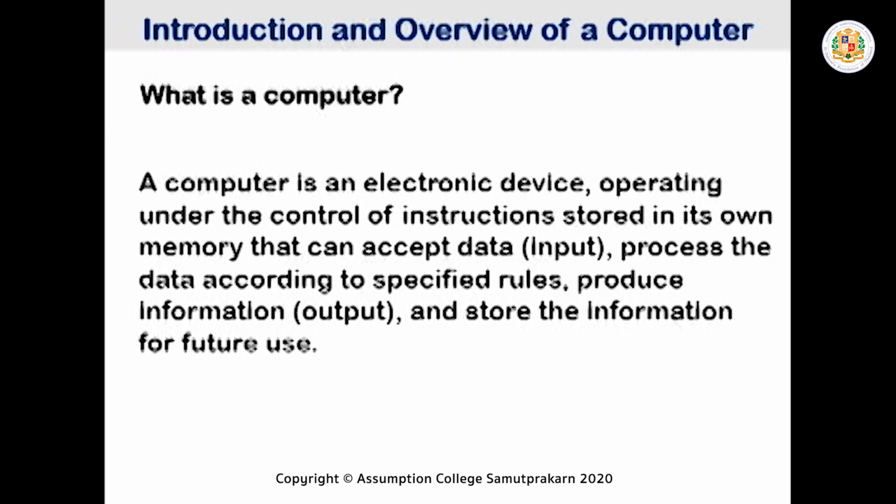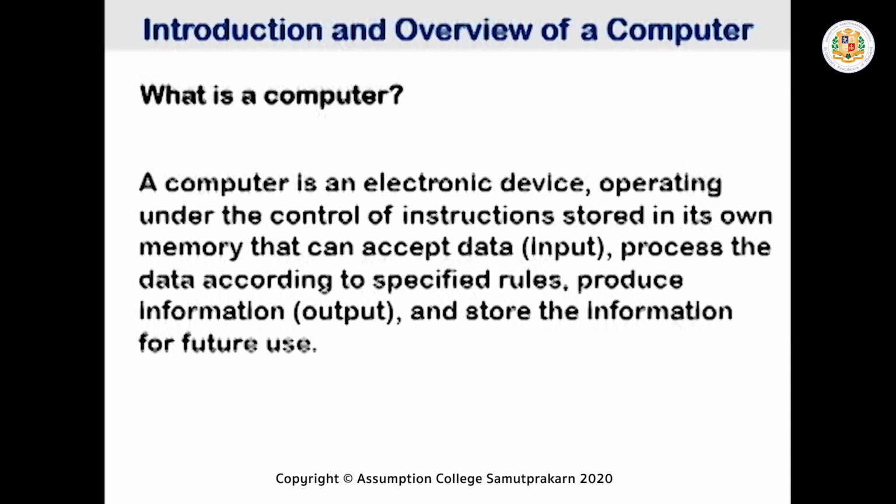What is a computer? A computer is an electronic device operating under the control of instructions stored in its own memory that can accept data, process the data according to the specified rules, produce information, and store the information for future use. So the computer accepts data using the input devices, such as the mouse, the keyboard, the mic, and many more.